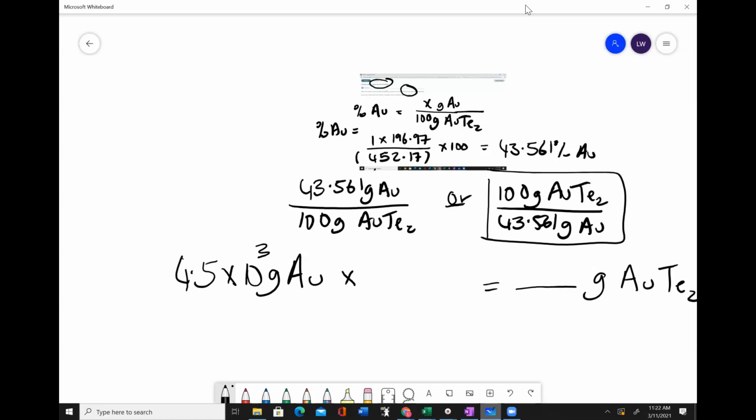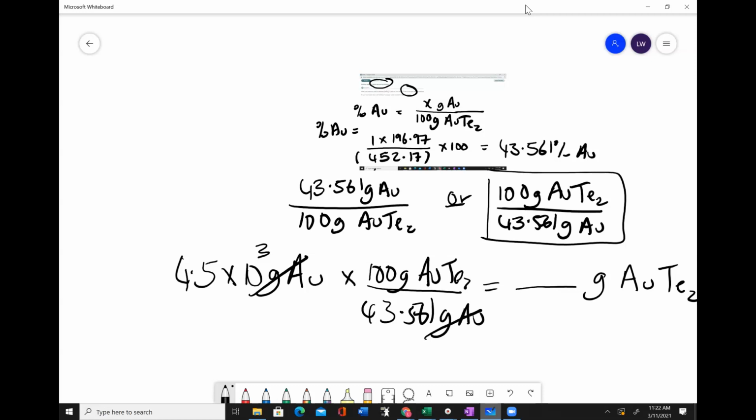And then now I'm going to apply my conversion factor. I get 100 grams of the ore for every 43.561 grams of gold. So you can see that the grams of gold is just going to cancel out.